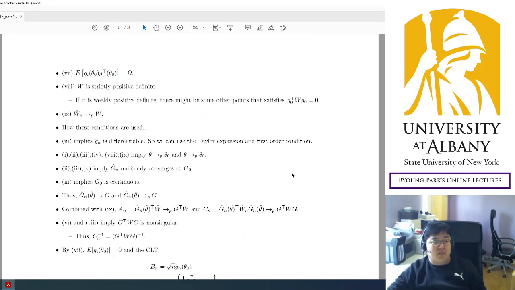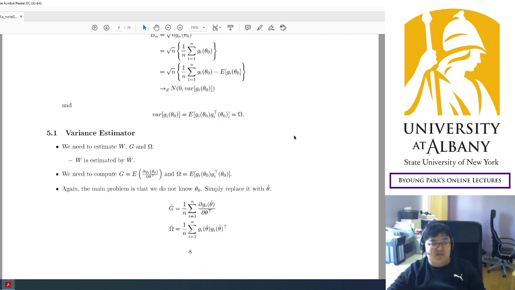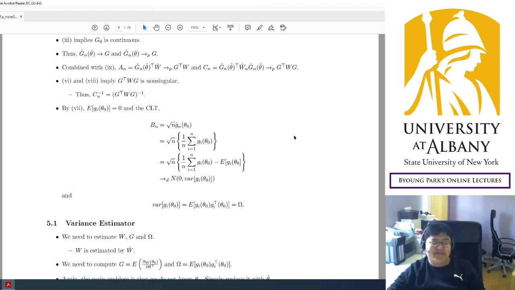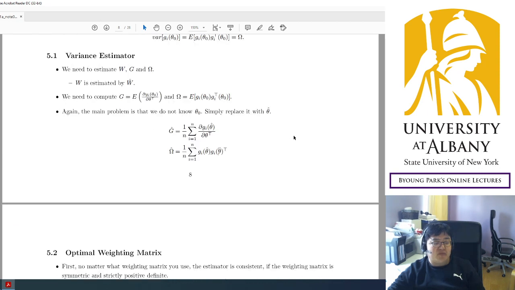So if you are going to major in theory, if you're interested in theory, you have to study it by yourself, investigate why you get the result. And if not, it's up to you. I don't force you to study this if you're not interested. Okay, we are going to continue to the optimal weighting matrix choice.